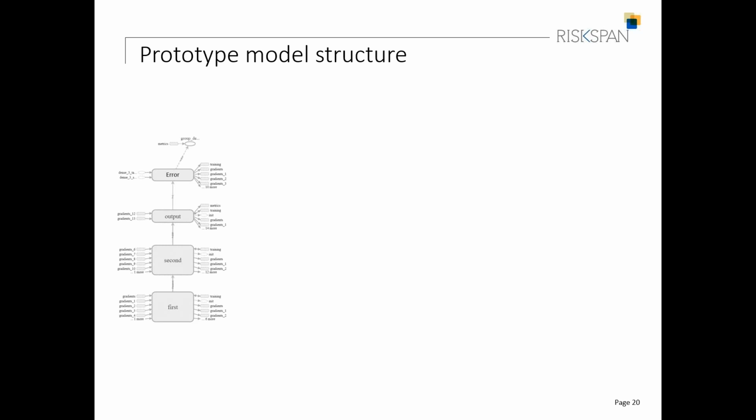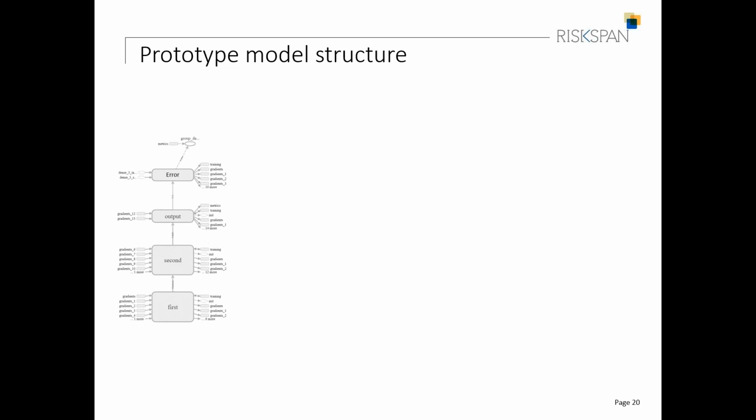Now let's take a look at a prototype of our model structure. The picture on the left side is a basic model structure. We use a very traditional deep learning model. The data flows bottom up.